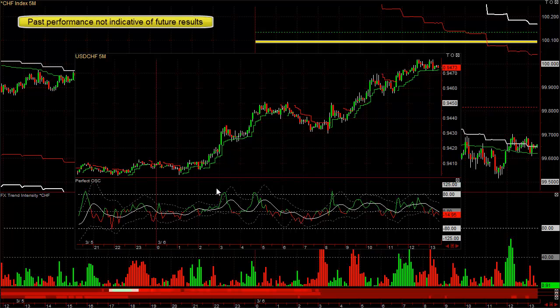And it allows you to wait for what I consider to be a more perfect entry time and entry price, and that's why I call it the perfect oscillator. There's no drawbacks based on what other indicators do, and it really helps you pinpoint exact timing.